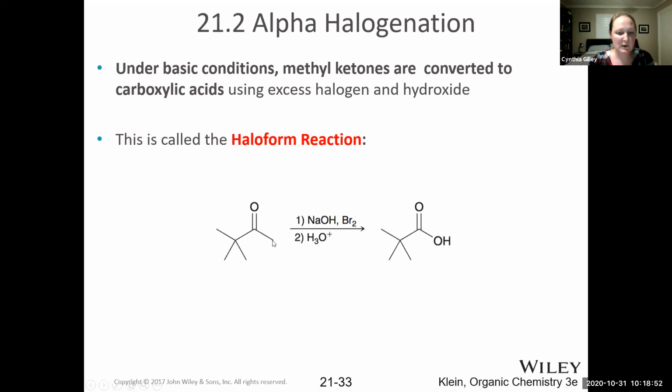So as a result, we're going to end up putting 3 bromines on this methyl group. Then sodium hydroxide will come in and do a nucleophilic attack, kicking off that tri-brominated methyl anion as a leaving group and eventually leading to a carboxylic acid.